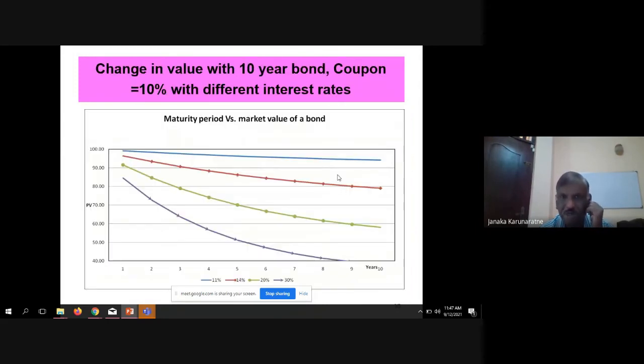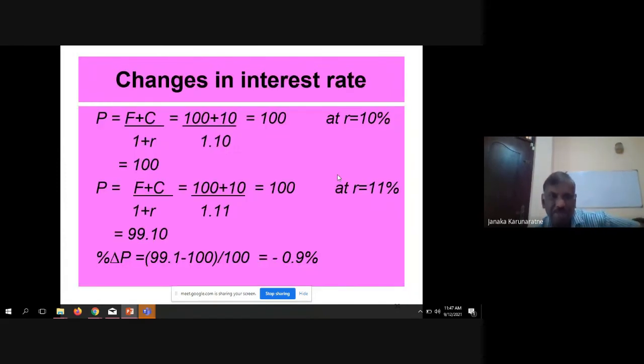The opposite happens if the interest rate comes down. If the interest rate comes down, your value will go up. So it's an inverse relationship. When the interest rate rises, price will drop. When the interest rate drops, price will rise.